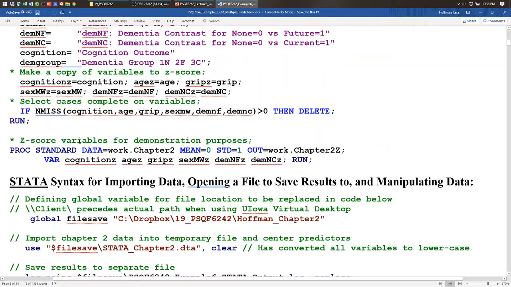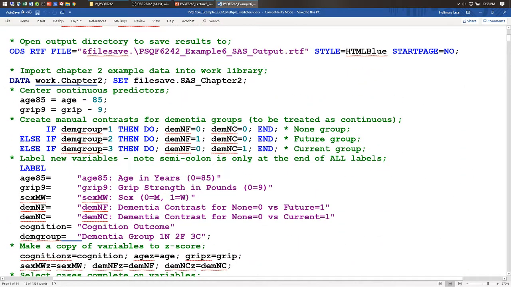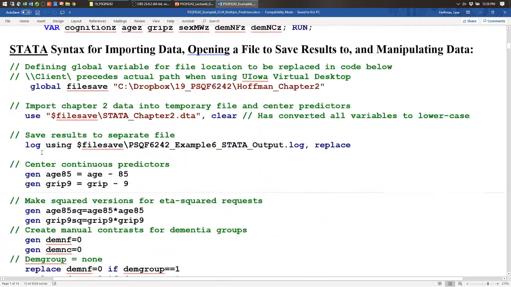Otherwise, if you look at how they're coded, like DEM-NF, if I just run a correlation between that variable by itself and cognition, it's going to lump together the 1 group and the 3 group and contrast it with 2. That's not what I want. And likewise, this variable by itself as a binary variable would lump together 1 and 2 against 3. So they're not going in my correlation table. We will look at them separately in a model to see what their differences are before we factor in other predictors.